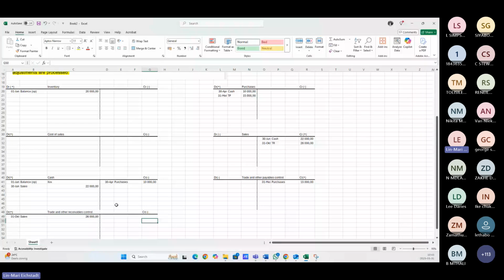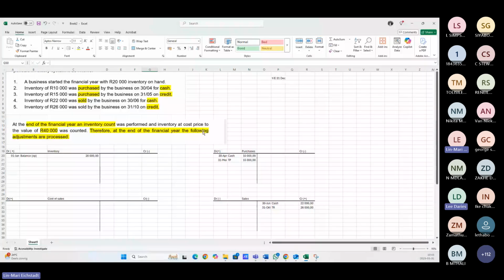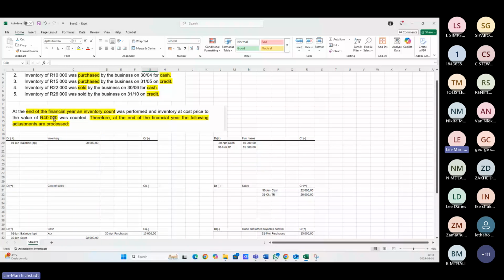Then we also said that at the end of a year, we had a stock take, and it was counted that we had 40,000 of inventory on hand at year end. And as the scenario correctly shows us, in order for us to calculate our cost of sales, there are a few steps that we need to do, right?